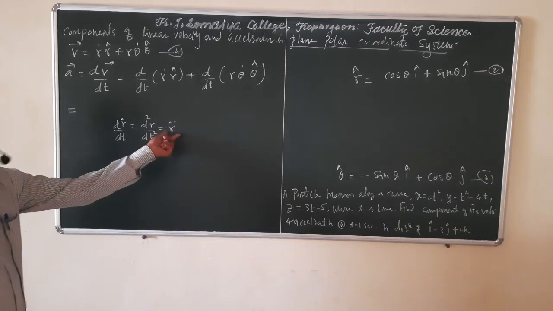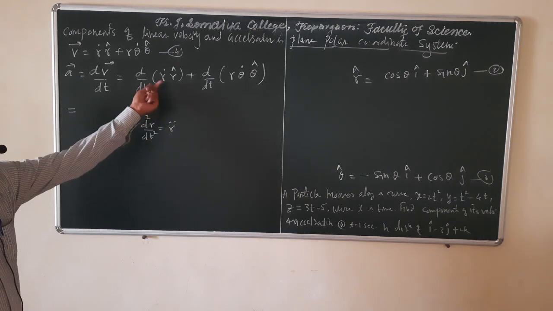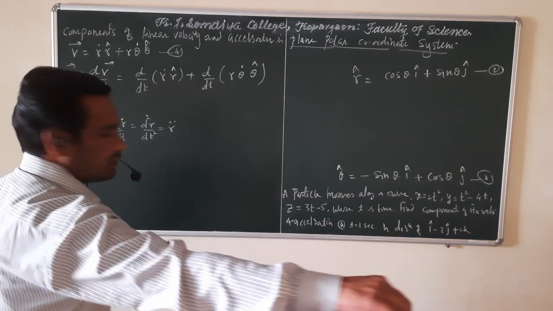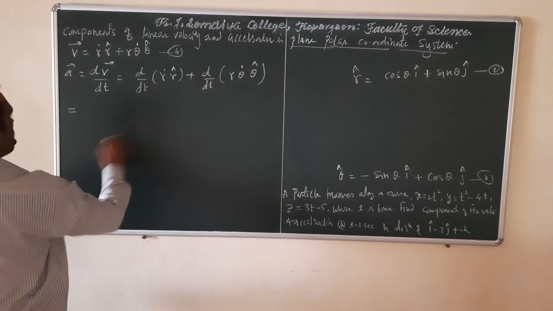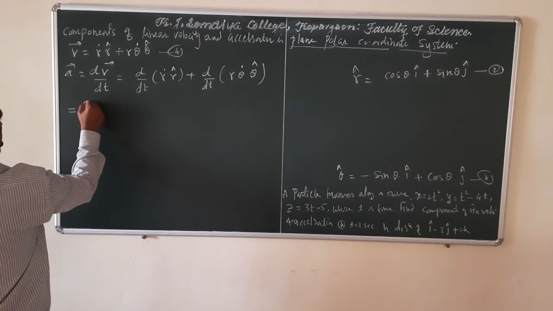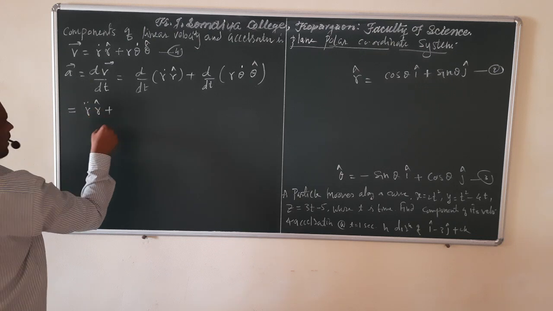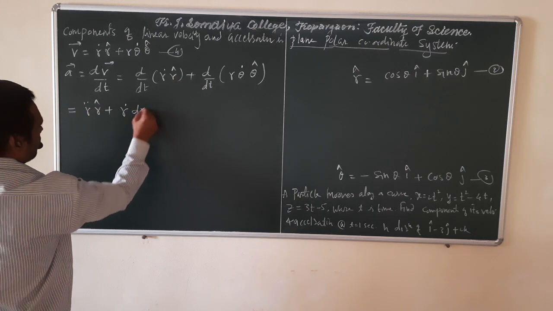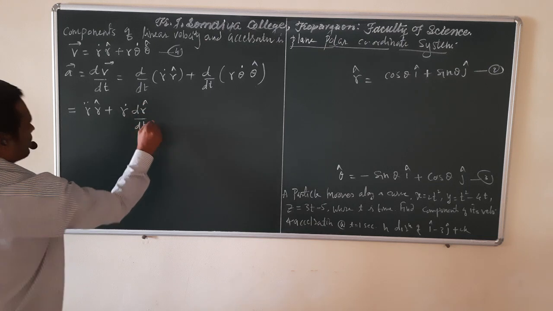Okay. So r double dot is nothing but the second order derivative of r. Now this is equal to, taking the derivative of the first term, r double dot into r cap plus r dot into the derivative of r cap with respect to time.